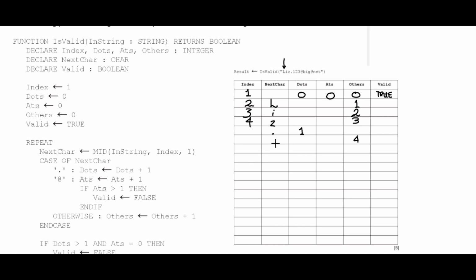And then we have a number 1. Oh, I forgot to increment this index. So a number 1 is, again, still going to be giving me 5 over here.